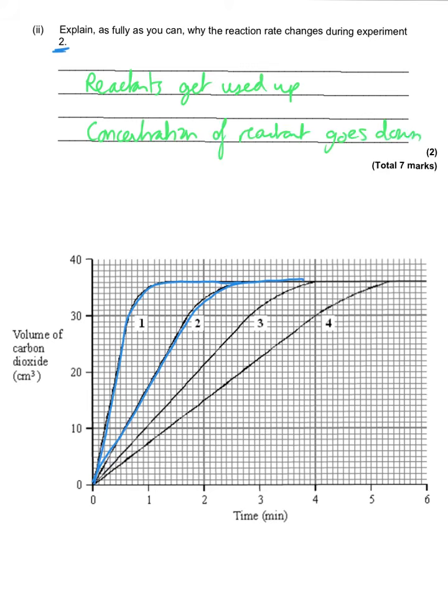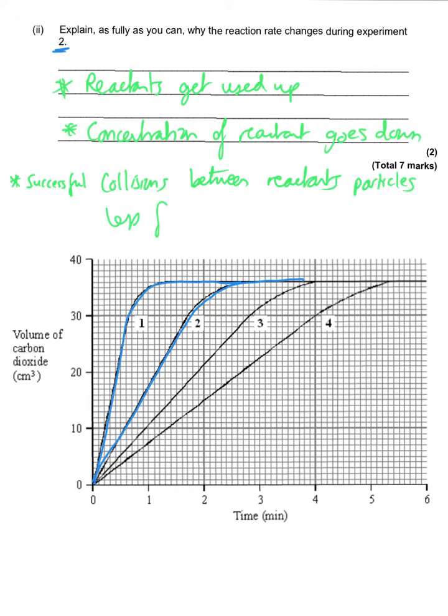And because the concentration of the reactant has gone down, the collisions between reactant particles will be less frequent. And so that frequency of collisions is everything in terms of the rate of reaction.